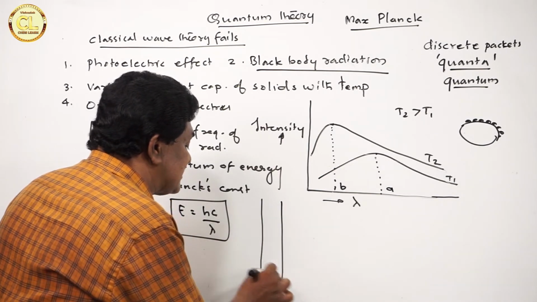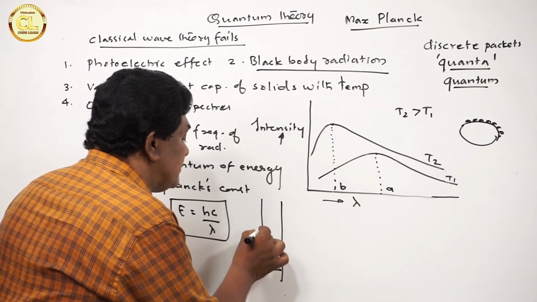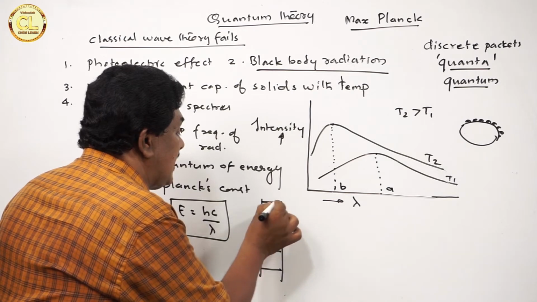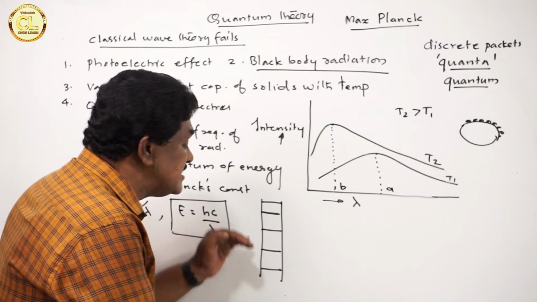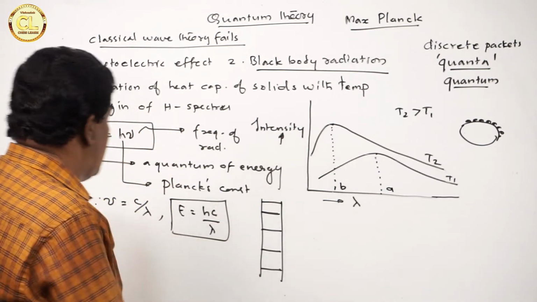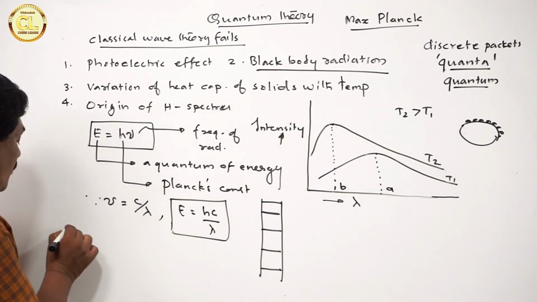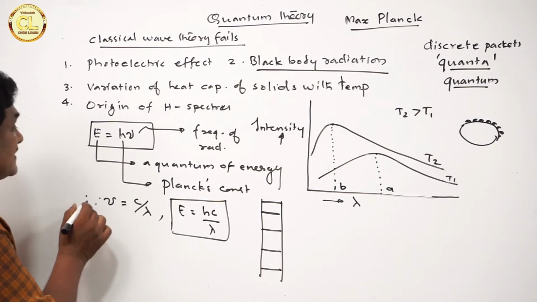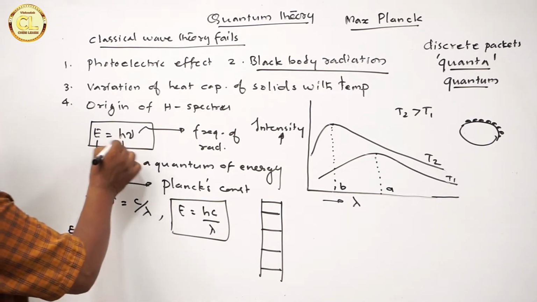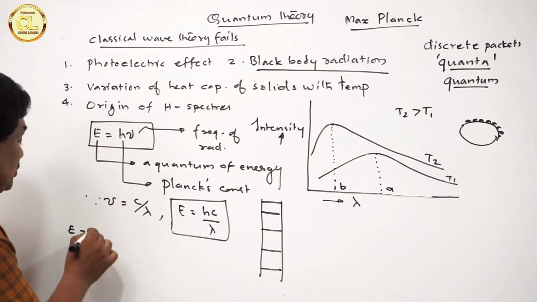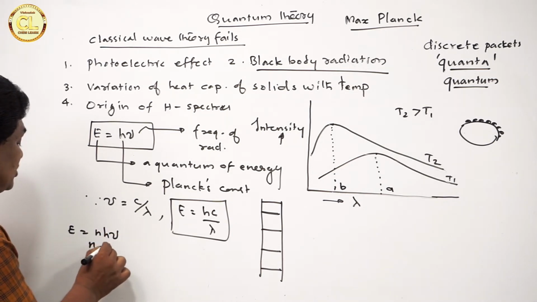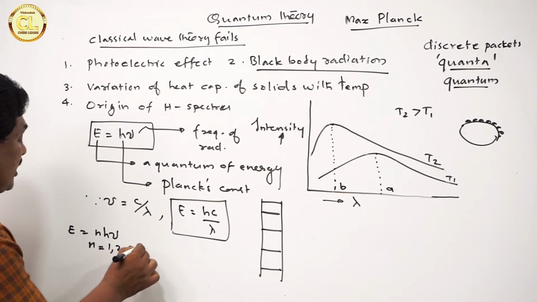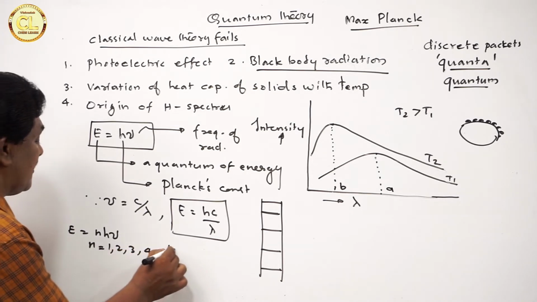If we consider a standing staircase, a person can stand only on a step and not between the steps. That is, the absorption or emission of radiations takes place as integral multiples of h nu, that is n into h nu, where n is an integer like 1, 2, 3, 4, etc.